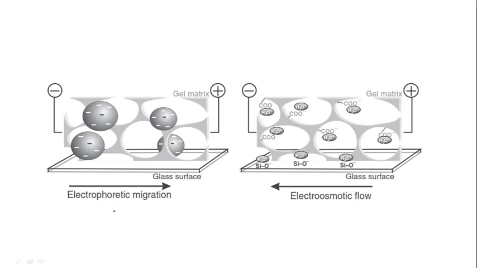This picture clearly shows the rate of migration in the electric field, and the electrophoretic migration always takes place from cathode to anode. This is considered the gel matrix.